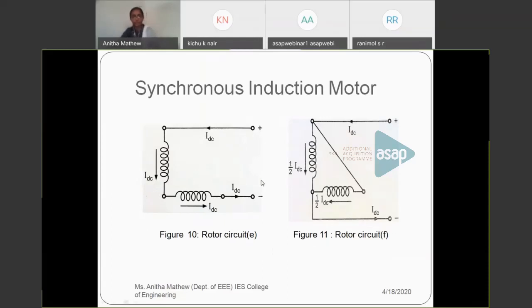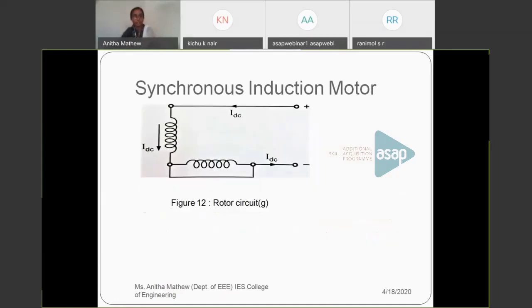In rotor circuit E, you can see windings connected to the DC supply, and in rotor circuit F, these two windings are connected. This is the last type of connection in the rotor circuit.